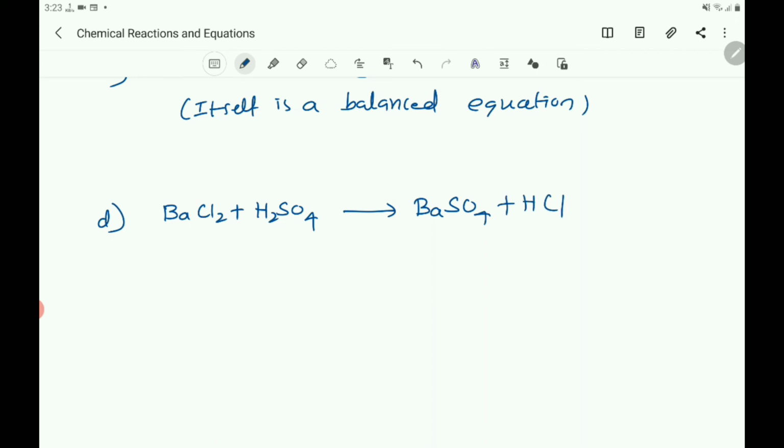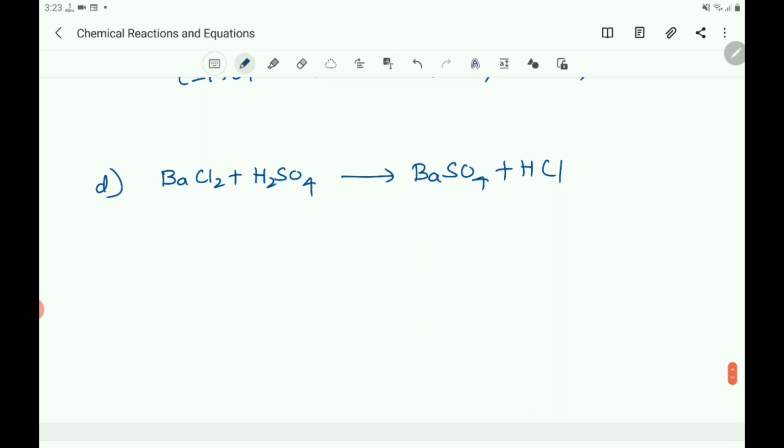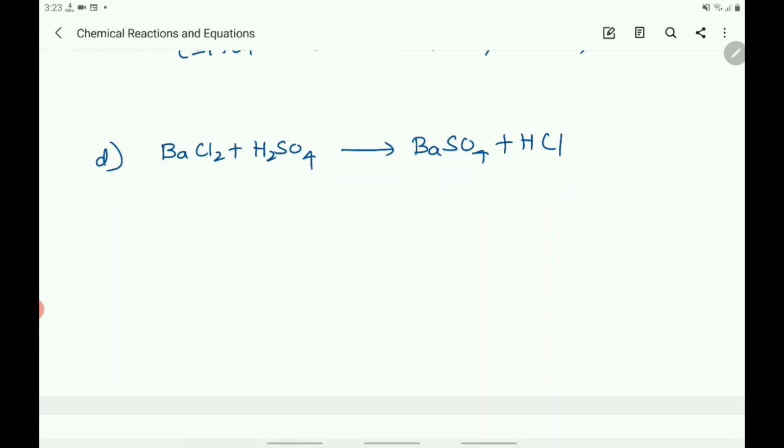BaSO4 plus HCl. Now here you see, one thing you can observe here, H2SO4 is a molecule having the maximum number of atoms. H2 is there, here 2 HCl is there. So to balance it you can multiply this HCl by 2.